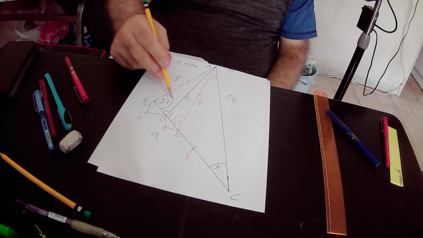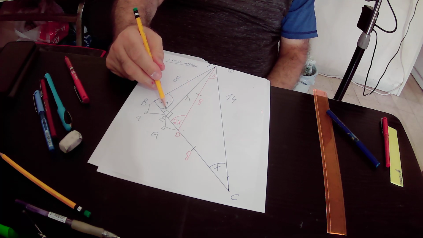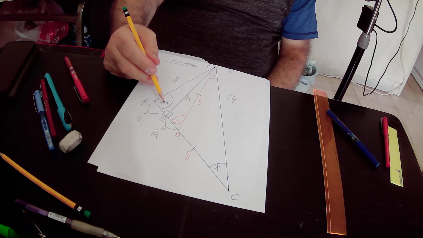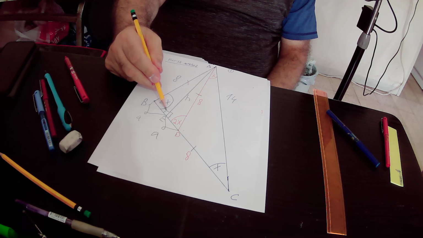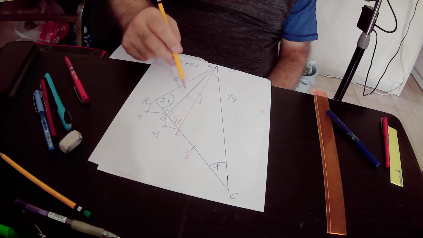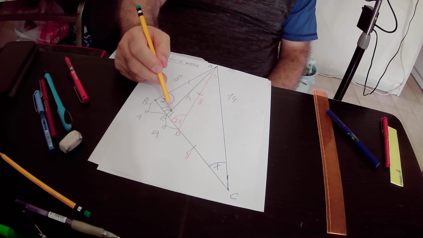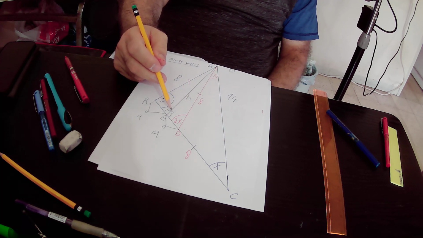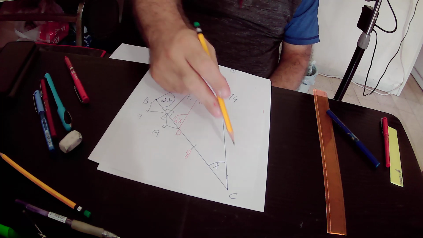Triangle ABE is a right triangle because of the fact that angle AEB is a right angle, and triangle AEC is also a right triangle because of the fact that angle AEC is a right angle.